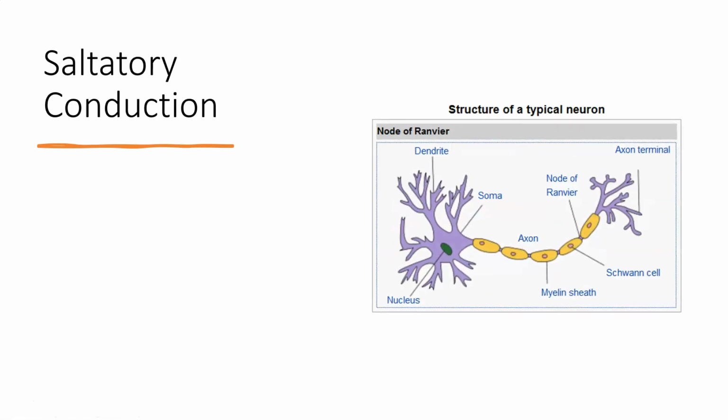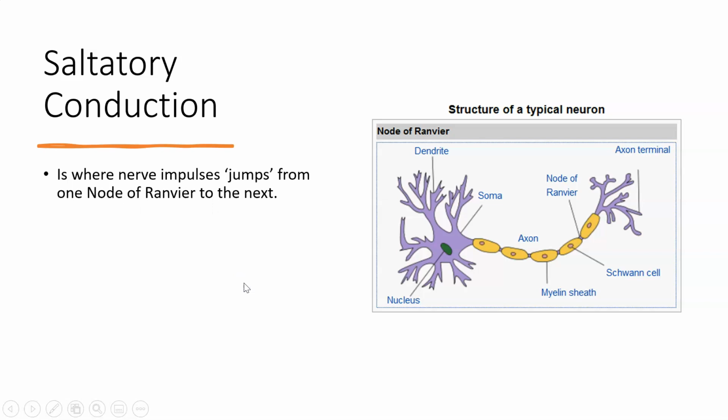So we've looked at myelination, and those Schwann cells causing those layers of phospholipid around the axon, the nerve fiber. Now we need to know what saltatory conduction is. This is where nerve impulses jump from one node of Ranvier to the next.